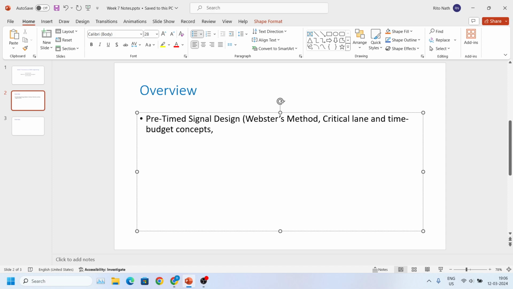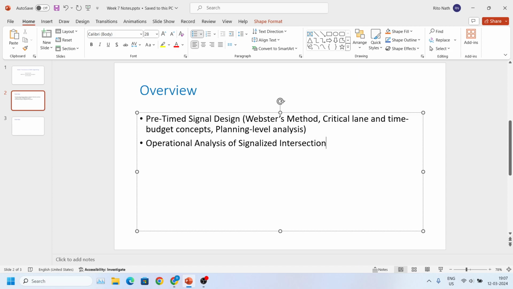And then you have the planning level analysis that was discussed in detail this week. And then the main topic of discussion was the operational analysis of signalized intersections. So these are the main two things that will be discussed.